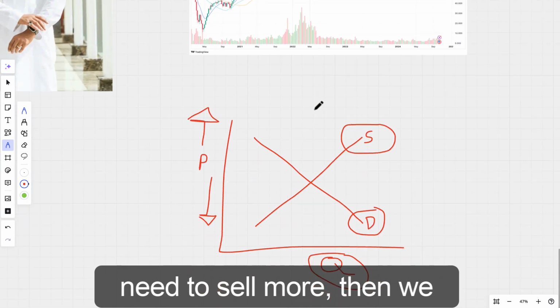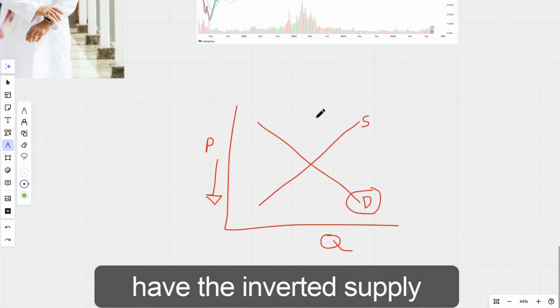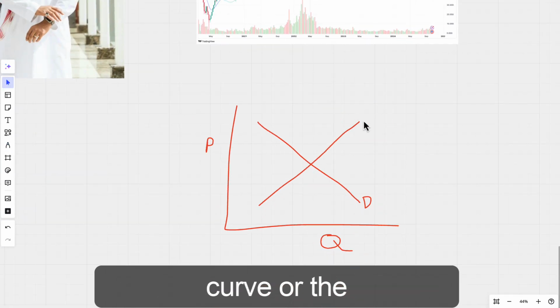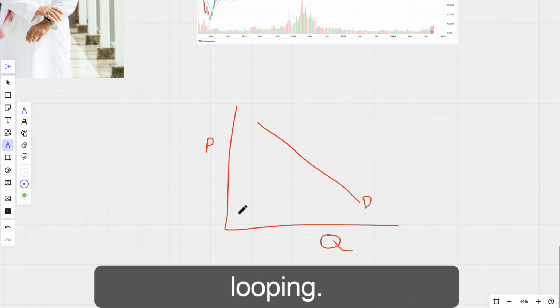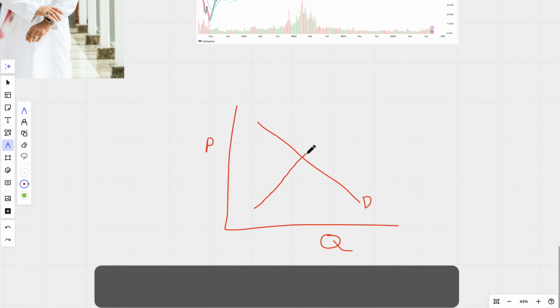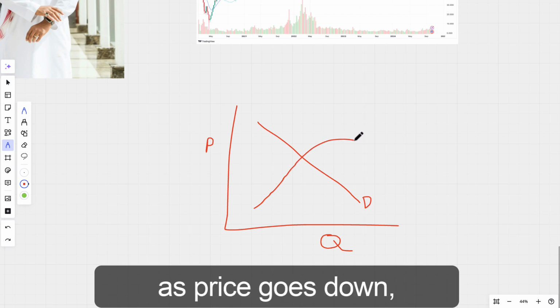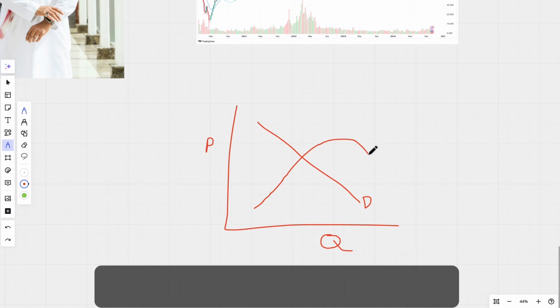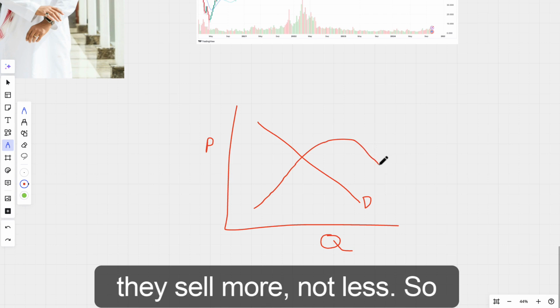sell more, then we have the inverted supply curve or the backward sloping. So with increasing price, they sell more. However, in this situation, as price goes down, they sell more, not less.